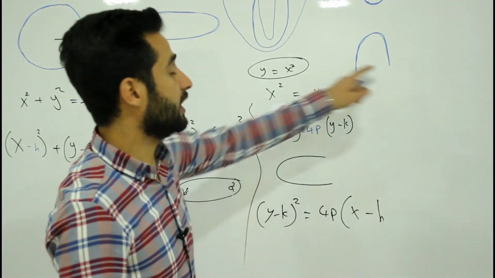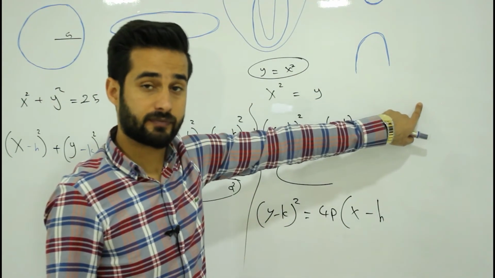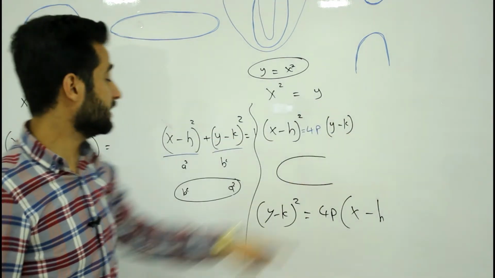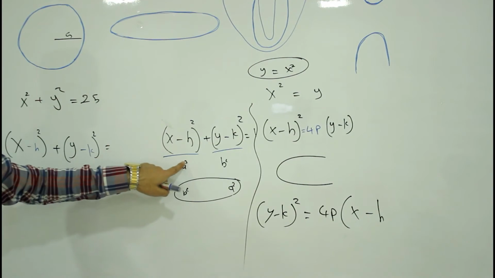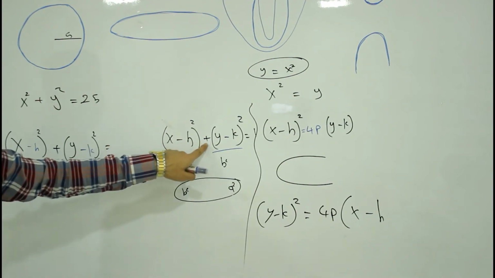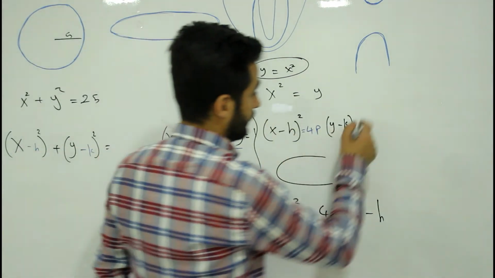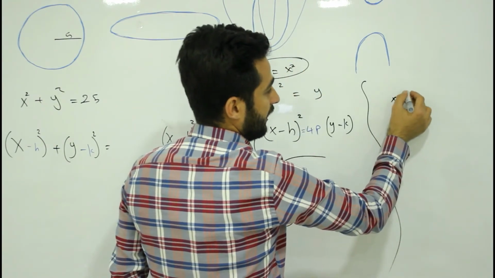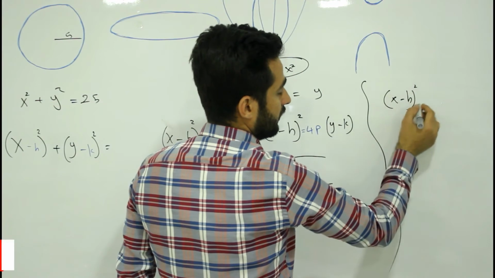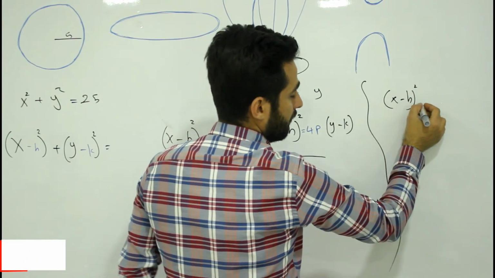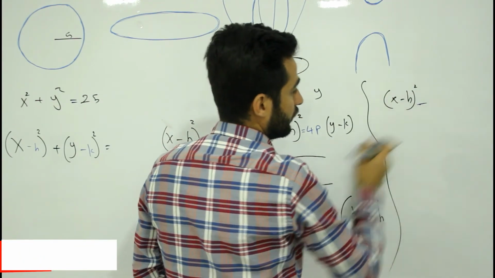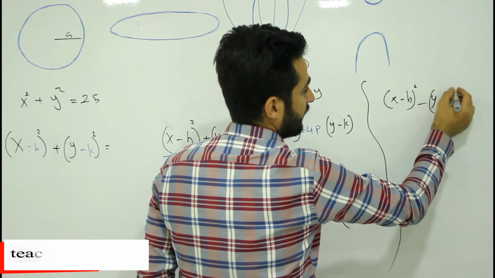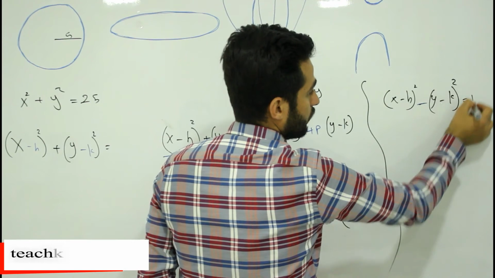Now let's go to the hyperbola. In a hyperbola, the rule is the same as the ellipse, but instead of this plus, we have minus. Look, we can say x minus h squared, be careful, we have minus here, y minus k squared is equal to 1.